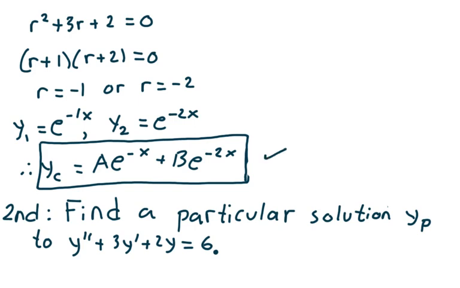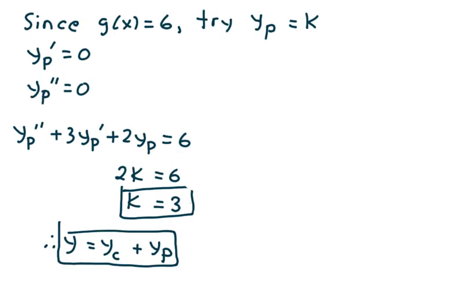In the second step, we want to find a particular solution y sub p to y double prime plus 3y prime plus 2y equals 6. Since g of x is equal to 6, let's try y sub p is equal to k. So y sub p prime is equal to 0, and y sub p double prime is equal to 0.